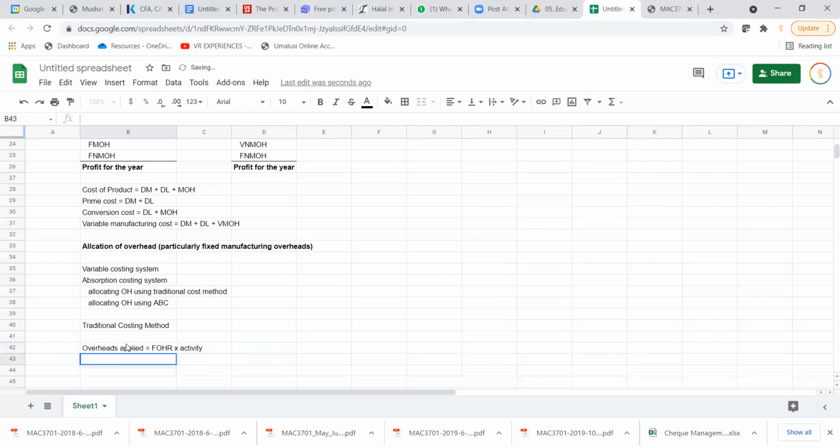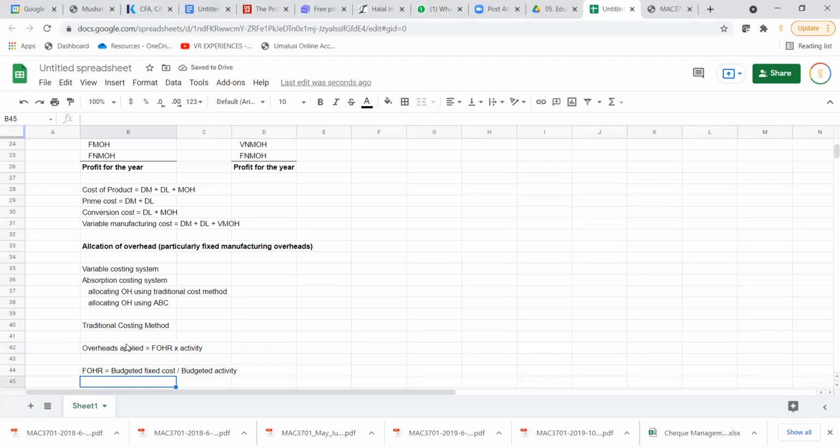So how do you calculate the fixed overhead rate? The fixed overhead rate is always calculated as budgeted fixed costs divided by budgeted activity. Once again, that word activity comes in.